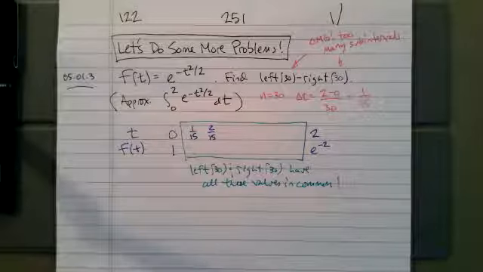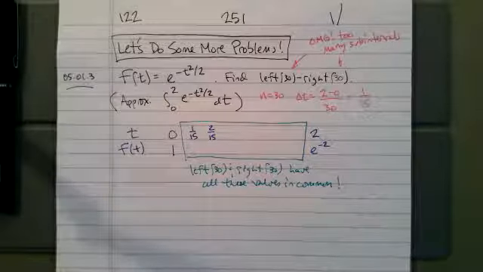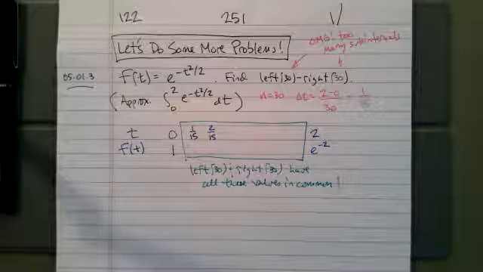So when we do left 30 minus right 30, those are all going to cancel out. The only ones that will be left are 0, which gives 1, and 2, which gives e to the minus 2.